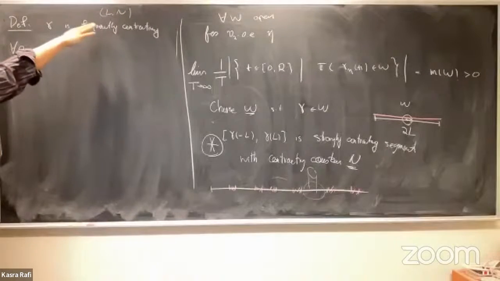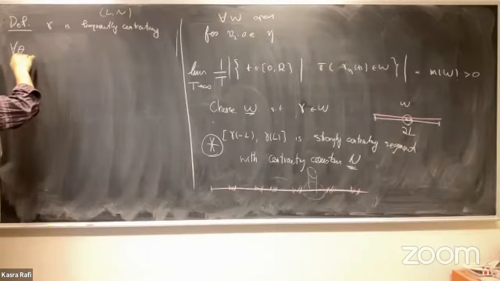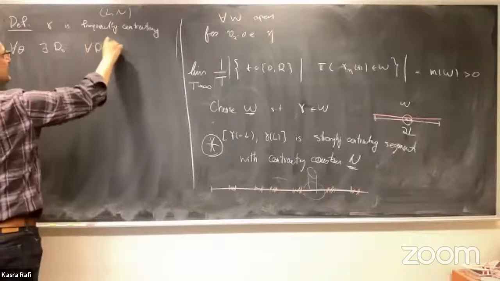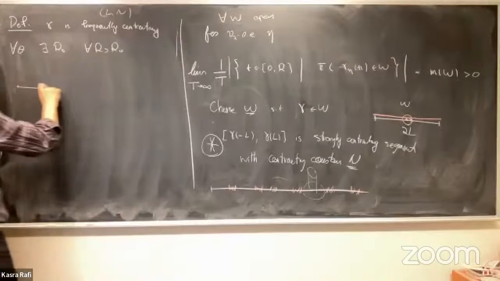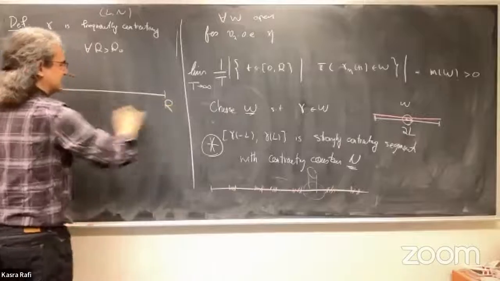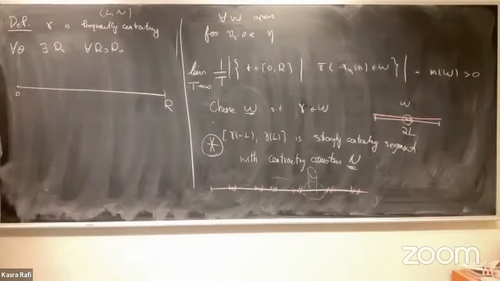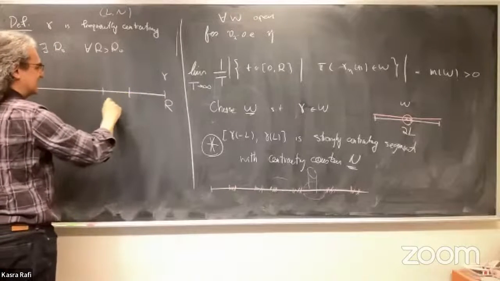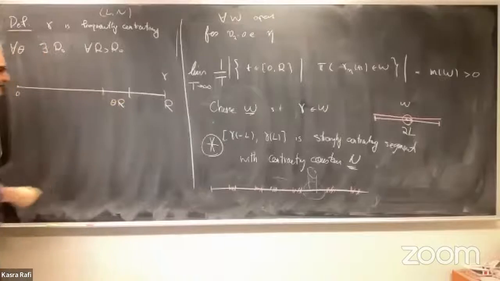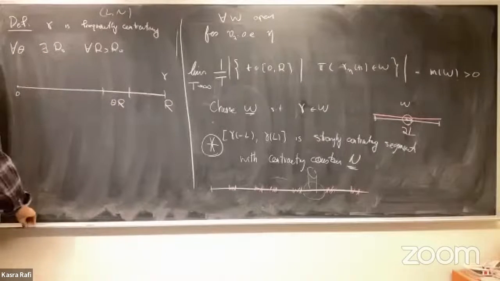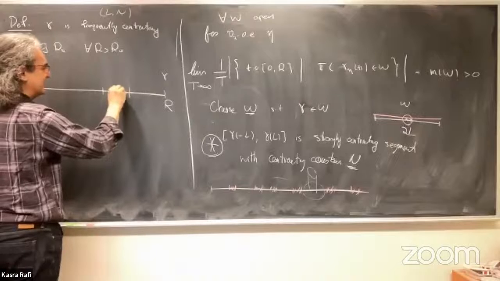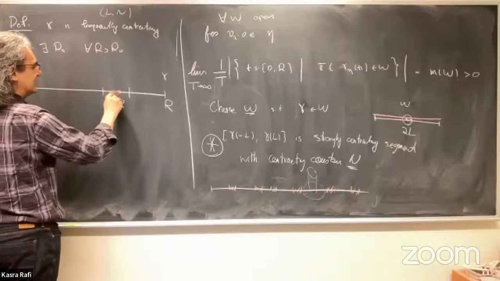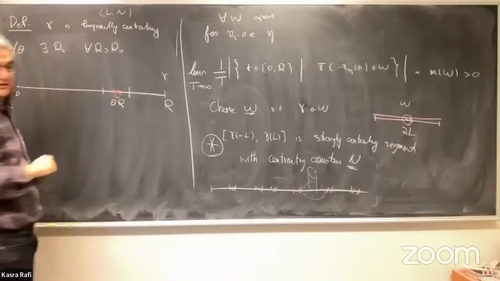So gamma is (L, N) frequently contracting if for every theta there exists an R0 such that for all R bigger than R0, if I look at the 0 to R subsegment of gamma, and I pick any subsegment of it of length theta R, then there's a subsegment of that, which I drew in red before, whose length is L and is N contracting.